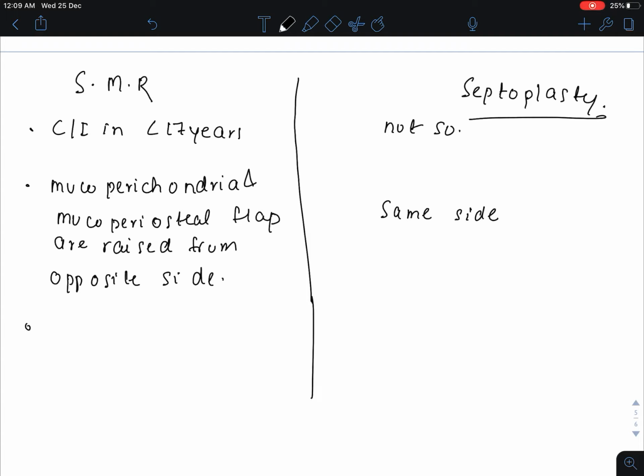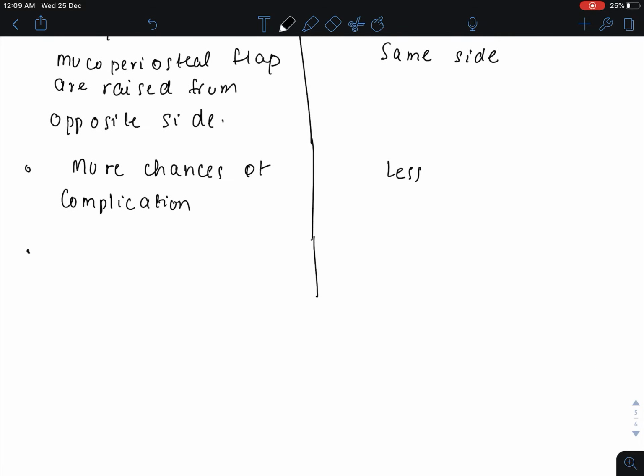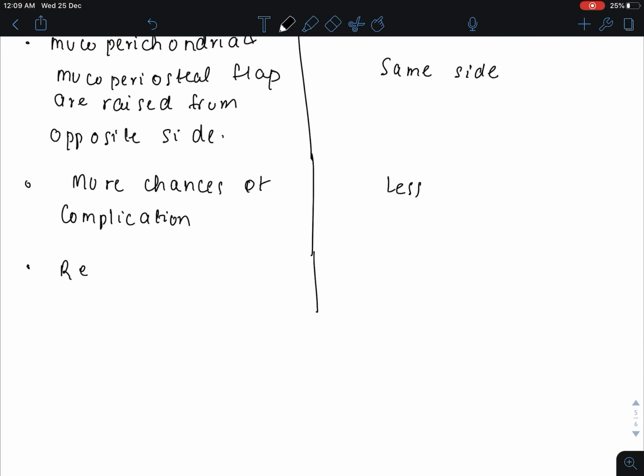In SMR, there are more chances of complication. In septoplasty, less chances of complication. In SMR, reoperation is difficult.